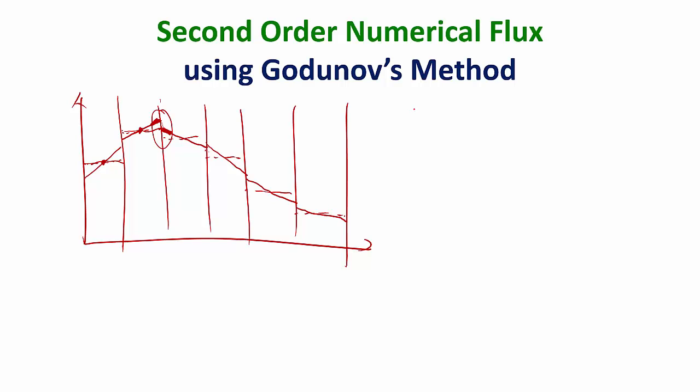In other words, U at xi, where xi is the center of the cell, remember these interfaces are xi plus half, can be approximated as ui bar plus O of delta x squared.